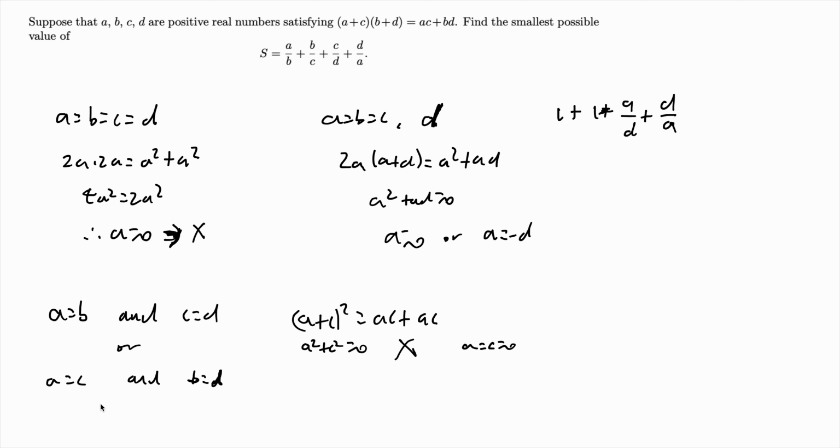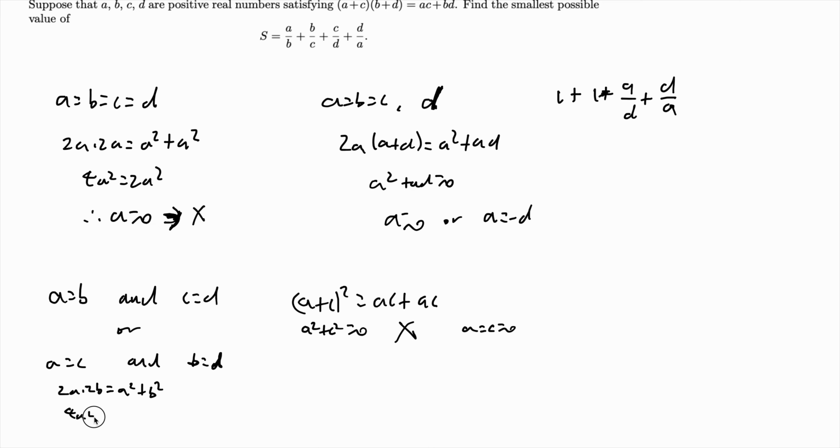And let's use this one. Then we have (2A times 2B) equals A squared plus B squared. So we have 4AB equals A squared plus B squared.